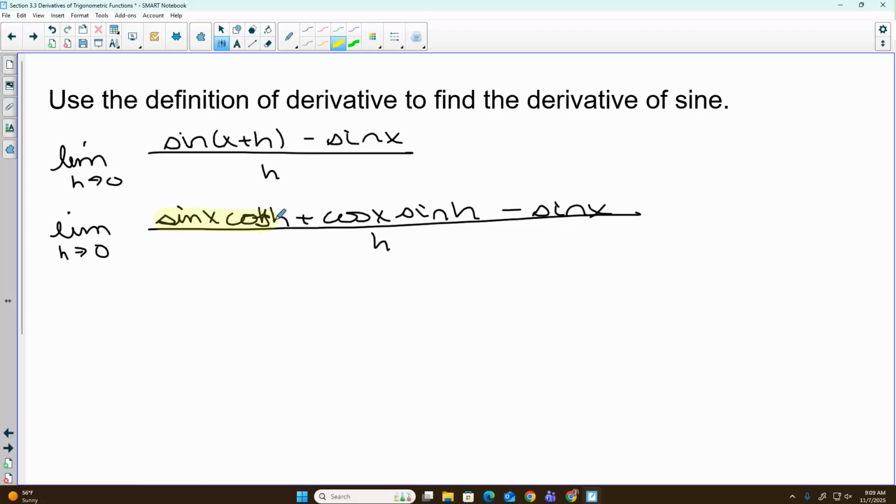What do you notice about these two? What do they both have in them?